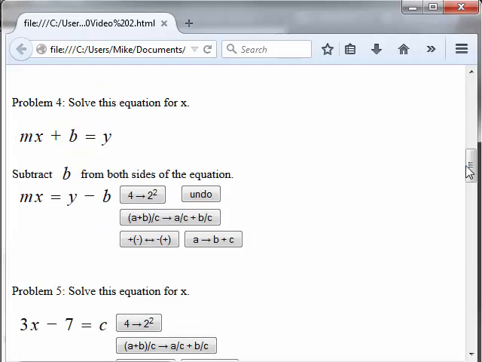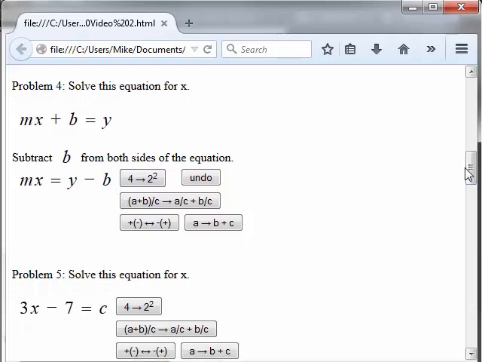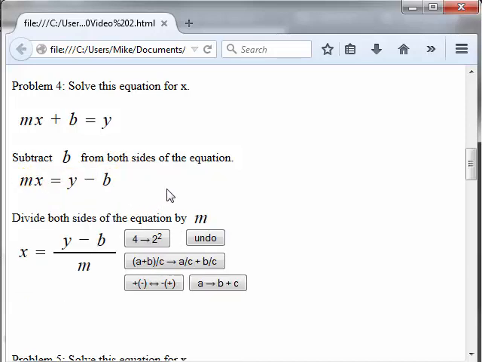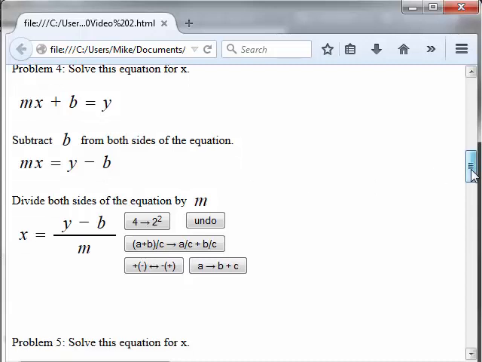Now what would you do to solve for x? I hope you would divide both sides of the equation by m. Again, that's easy to do here by just dragging the m to the right-hand side of the equation. Hey, we're done. We've isolated x on the left-hand side of the equation to express it in terms of y, b, and m.